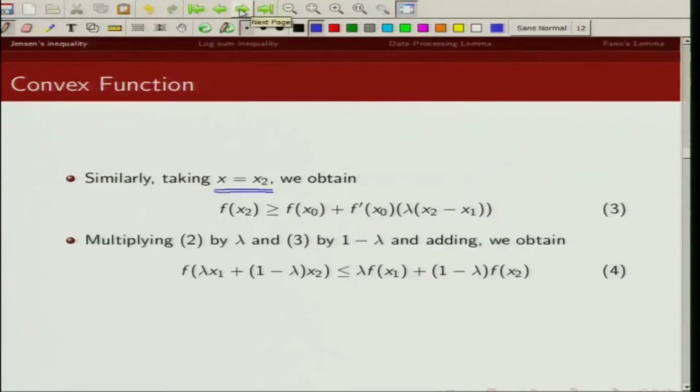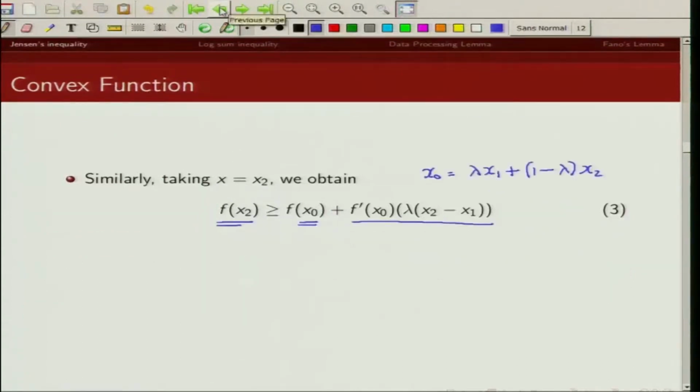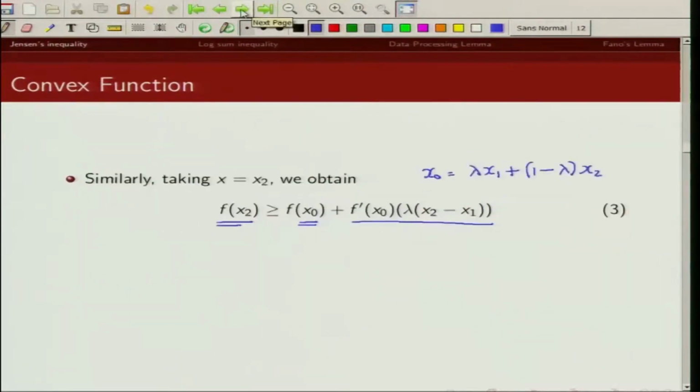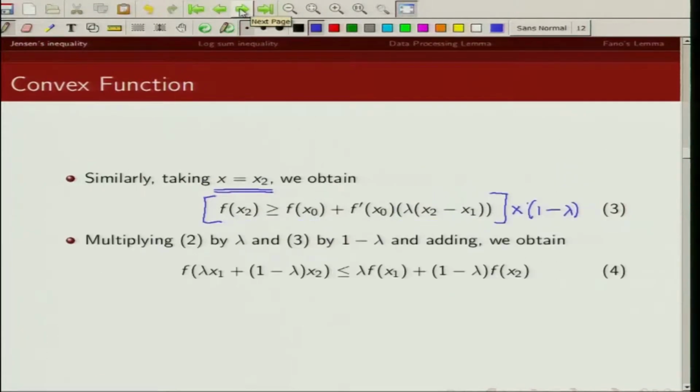Now I am going to multiply equation 2 by lambda, and equation 3 by 1 minus lambda, and then I am going to add them up.